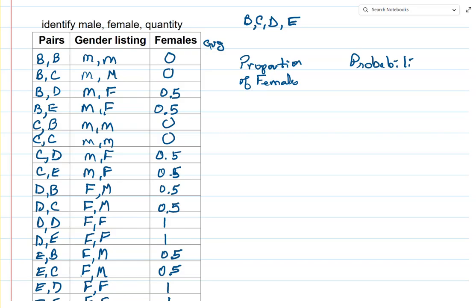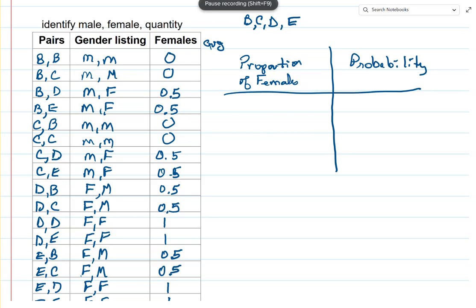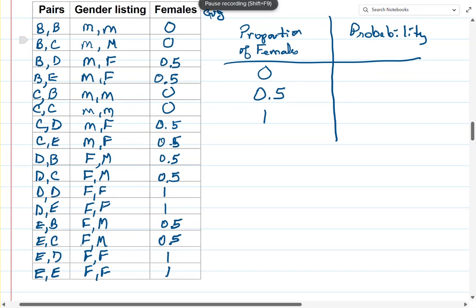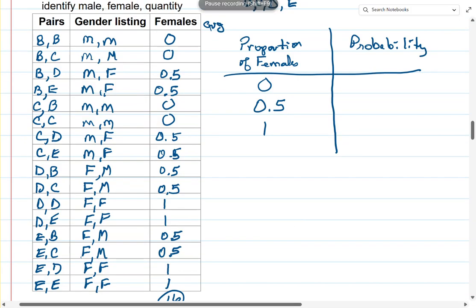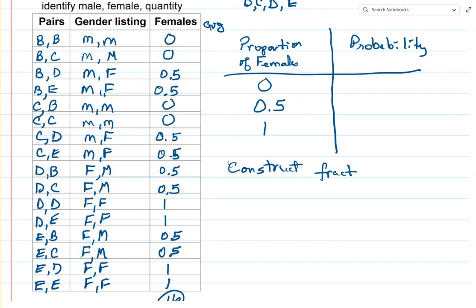And here's probability, which is what we want for our estimation. All right, so we have 0, half, and 1. Those are the categories we have. So let's count what we have at zeros. Now we notice that we have a total of 4 times 4. We have 16 total. Now we're going to construct fractions. Because we want to make sure it equals to 1.